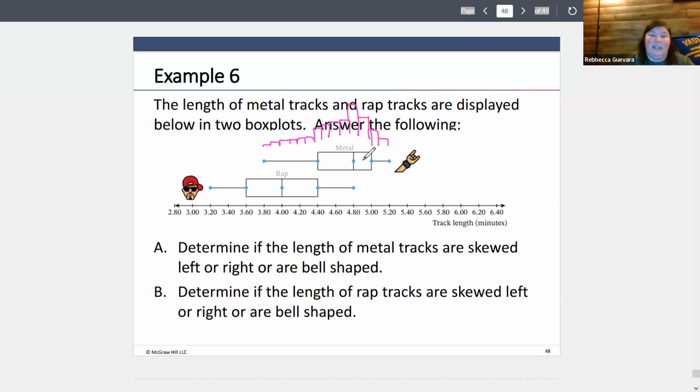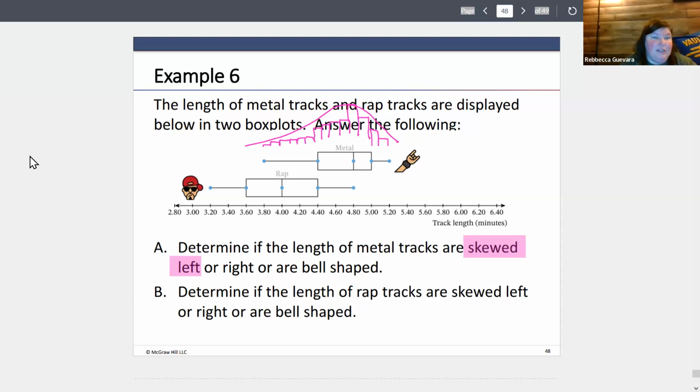So what we're seeing here is that, because these are smaller ranges but the same amount of data is in there, we should get a bigger hump in that region. So I would say that this data, because my tail is going to be to the left, let's highlight it instead. I'm going to say that metal tracks are skewed left.